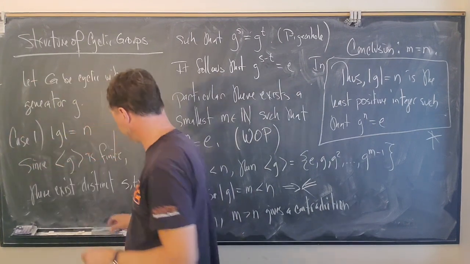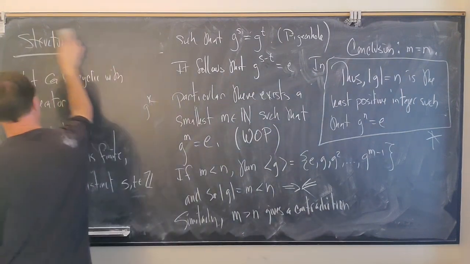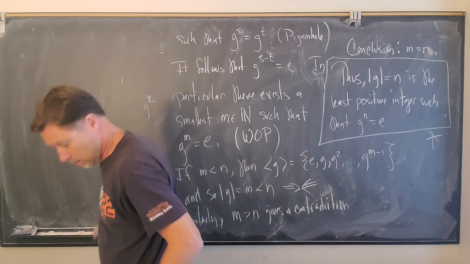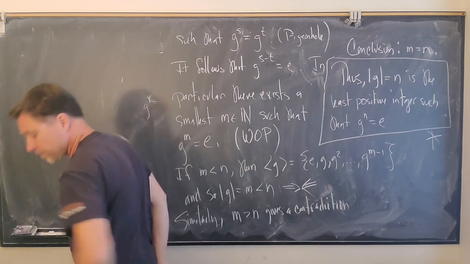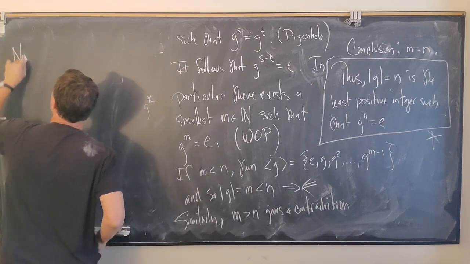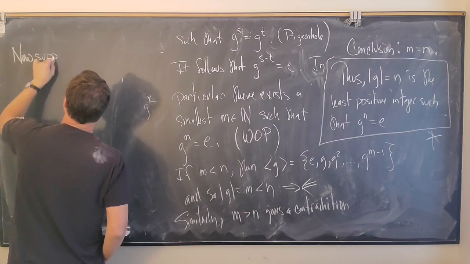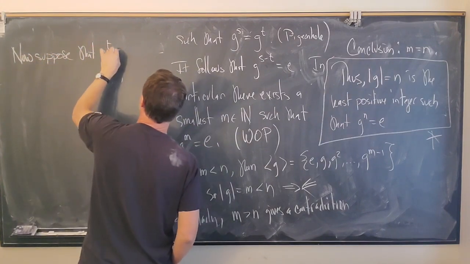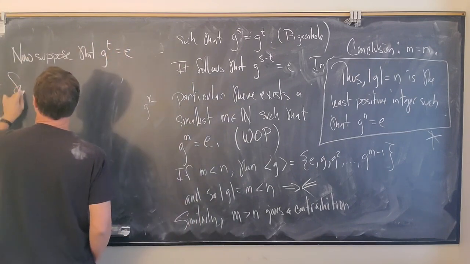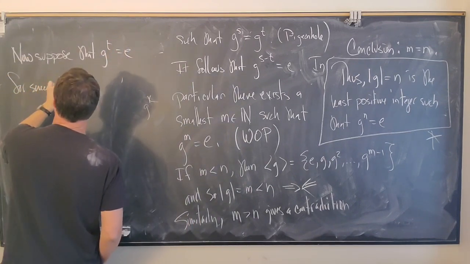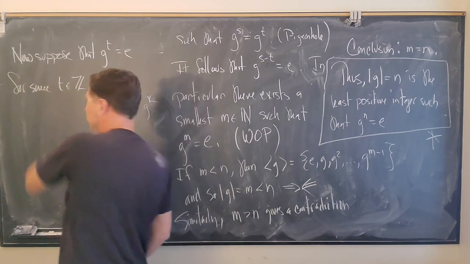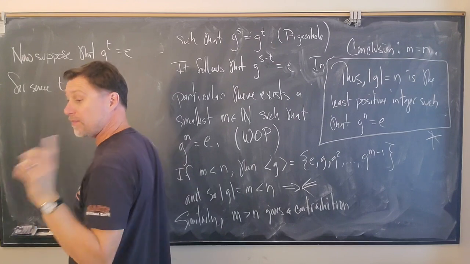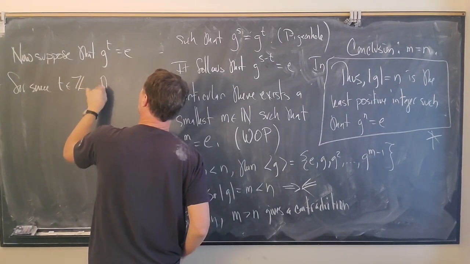So now, still working in this same case, where the order is finite, suppose that g to the t equals the identity for some integer little t. Now I'm going to apply the division algorithm.